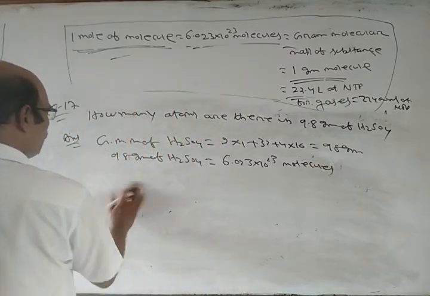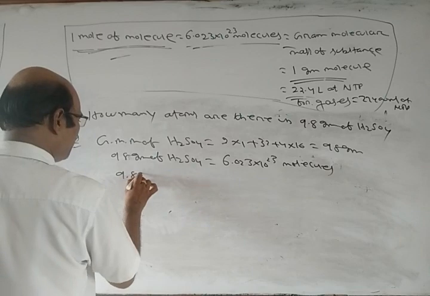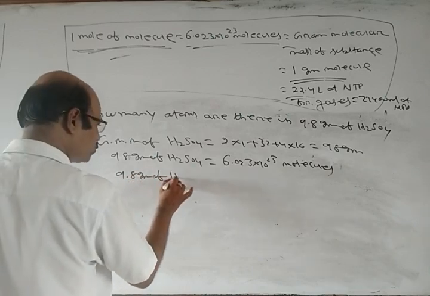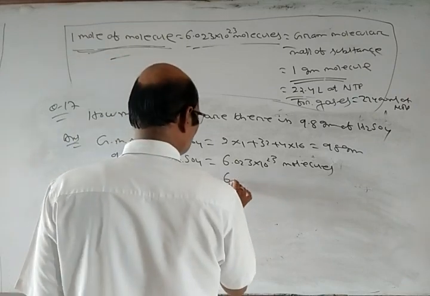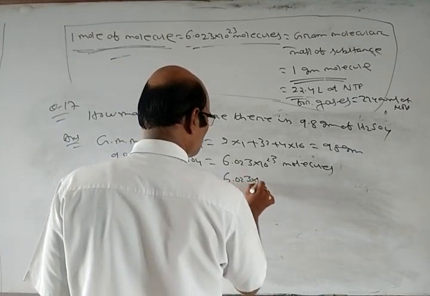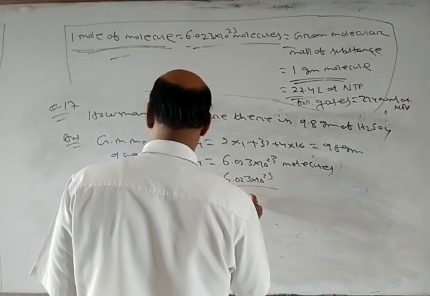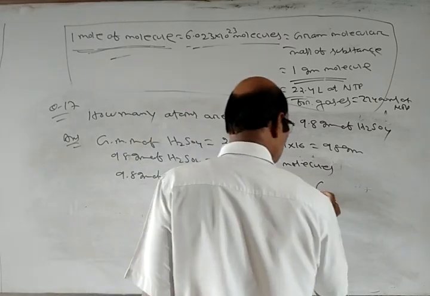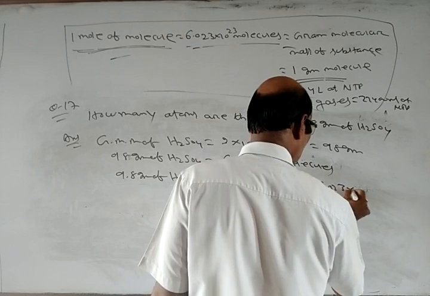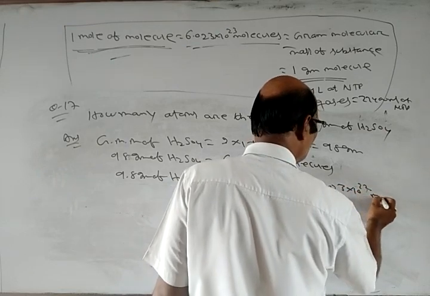Now 9.8 gram of H2SO4 is equal to 6.023 into 10 power 23 by 98 into 9.8, which is 6.023 into 10 power 22 molecules.